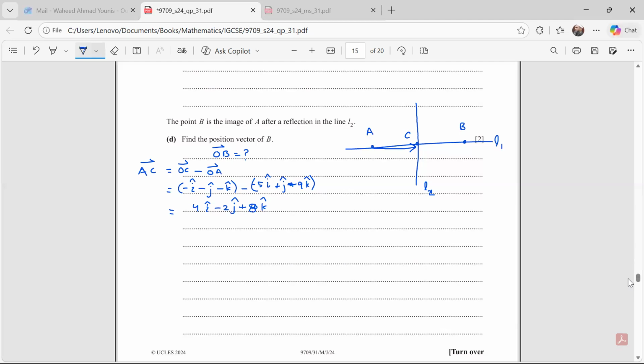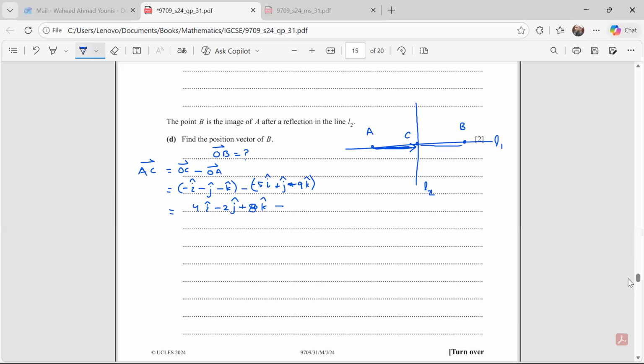Now since it is the mirror image, the distance AC is the same as CB. And this vector, of course, I can put it anywhere. So the AC vector is the same as the CB vector.